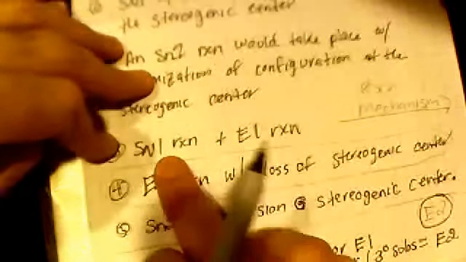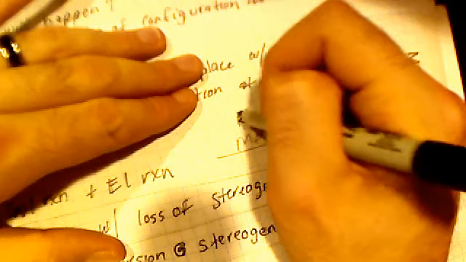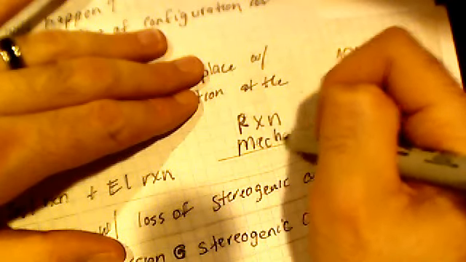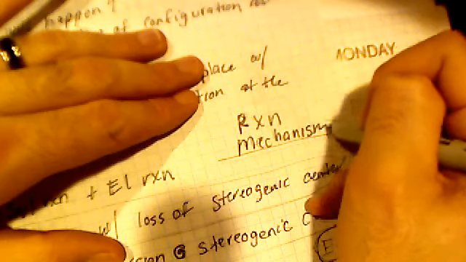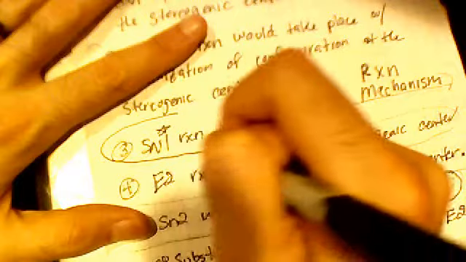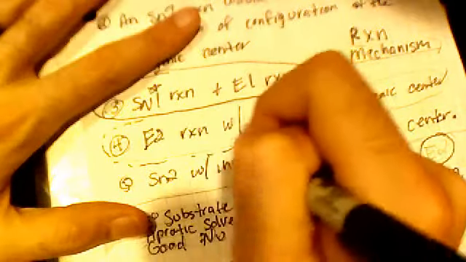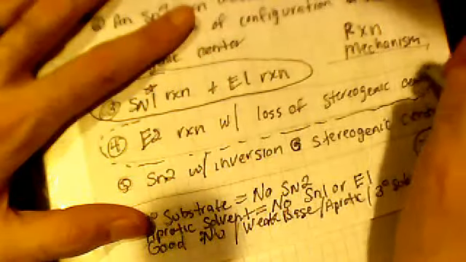They said SN1 reaction plus E1 reaction, and maybe, all right, I'll write them both out. This is the answer that they gave, the one with the star. And this was my answer, but maybe I was wrong.